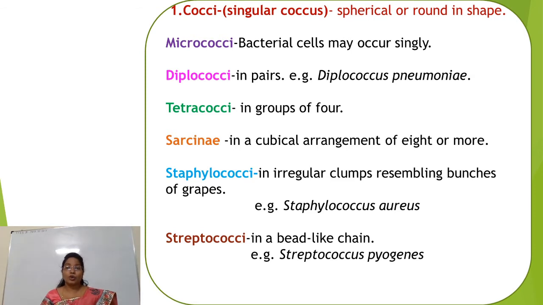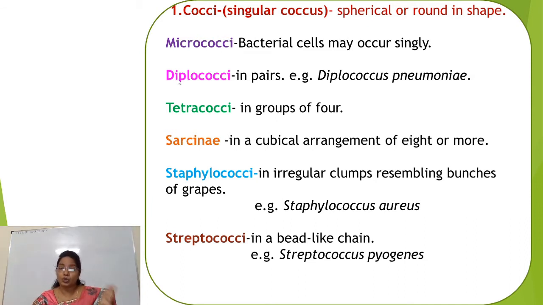Cocci means spherical or round-shaped bacteria. Whenever there is a single coccus, it is called micrococcus, or micrococci. When the cocci occur in pairs, they are called diplococci.